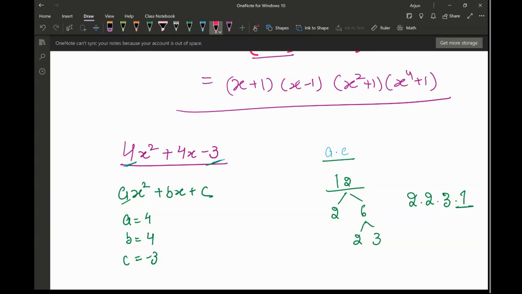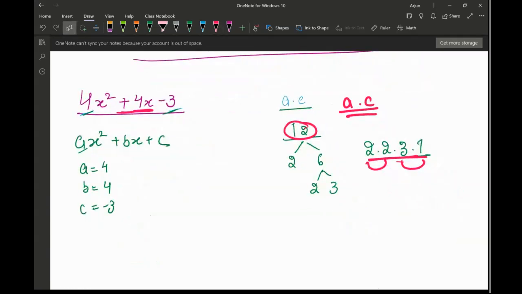Now I'm gonna try and make a combination from the prime factors of a times c. I have to come across two numbers whose product is equal to 12 and whose algebraic addition or subtraction is equal to plus 4x.